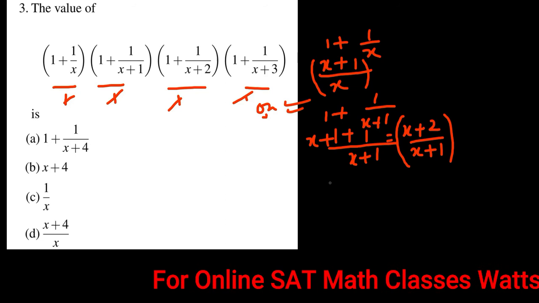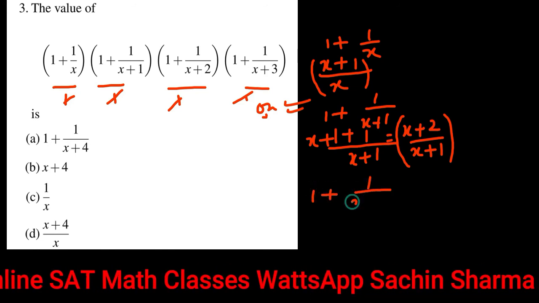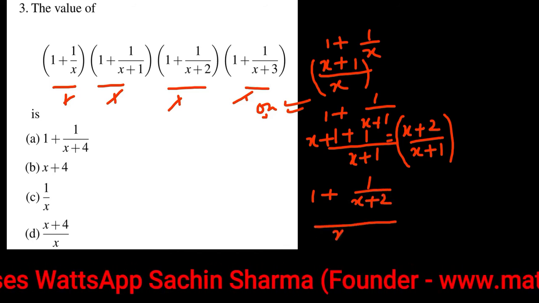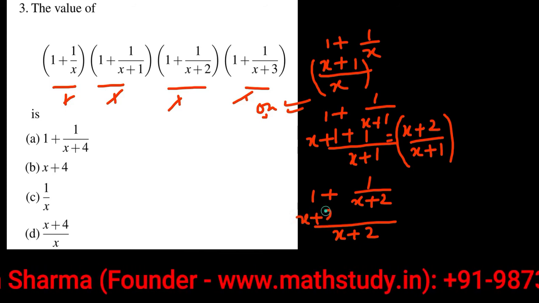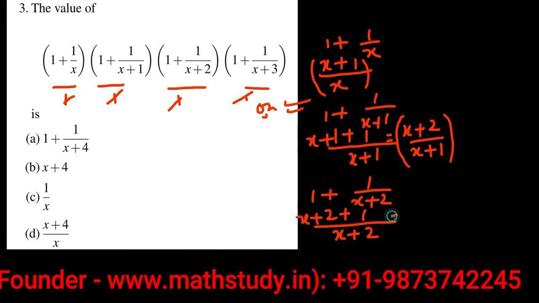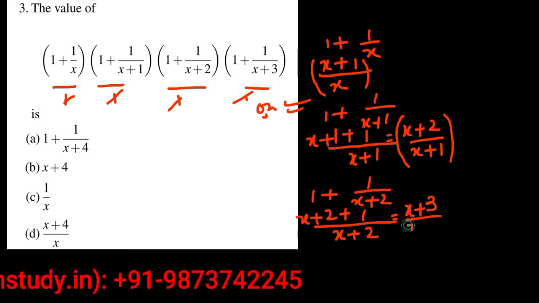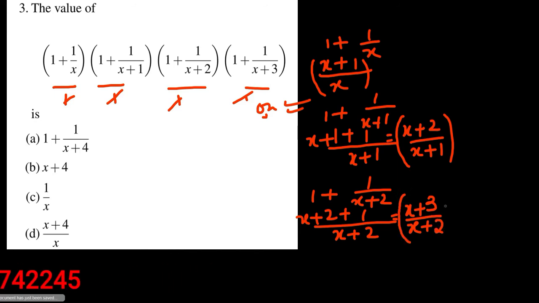Now let's move towards our third term. This is 1 + 1/(x + 2), right? Now let's take the LCM here, which is x + 2. Now x + 2 plus 1, right? So we will get (x + 3)/(x + 2), right students? So this is our third bracket now.